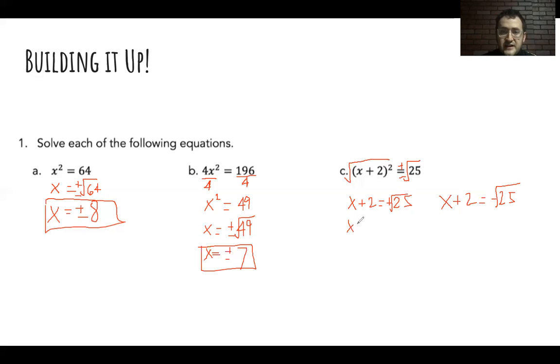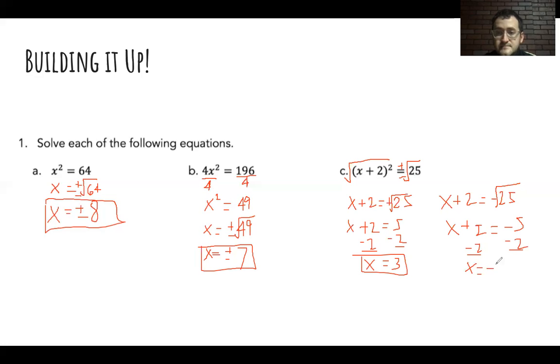So we have x plus 2 equals 5, or x plus 2 equals negative 5. So I'm going to subtract the 2 from both sides. So I'm going to get x equals 3 as one of my options. And then the other one, I'm going to get x equals negative 7. And that concludes that one.